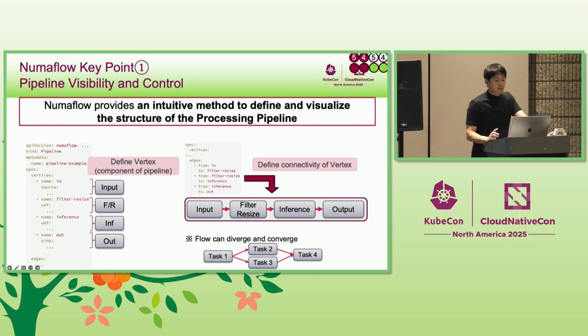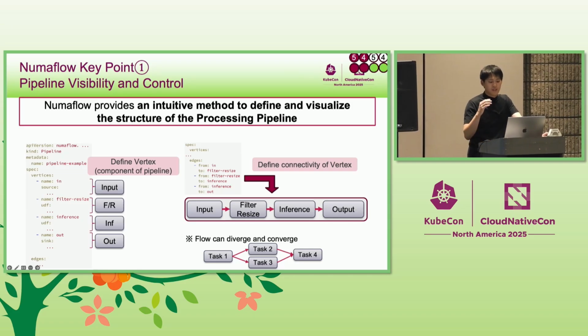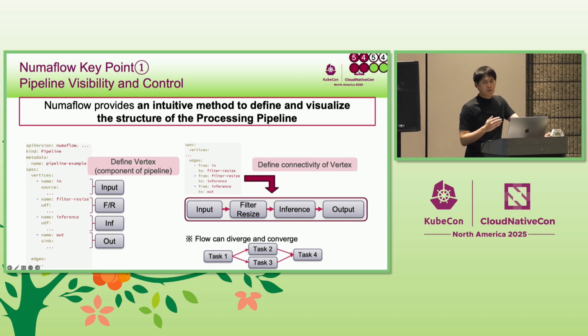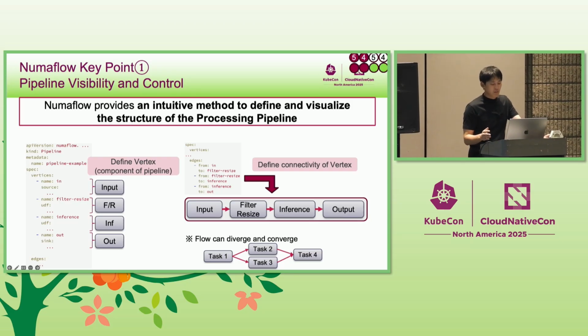First, one of the key points of Numaflow is visibility and control. It allows us to easily define and visualize the structure of a processing pipeline. Let's look at the manifest. First, the user defines a component called a vertex within the pipeline manifest.